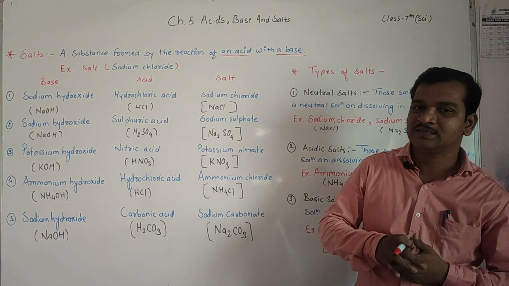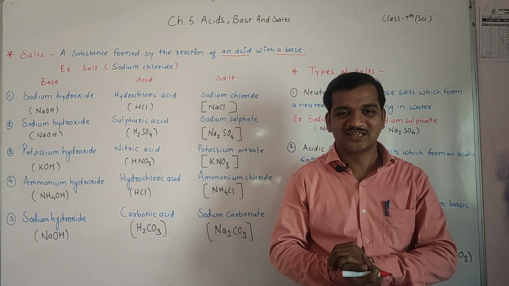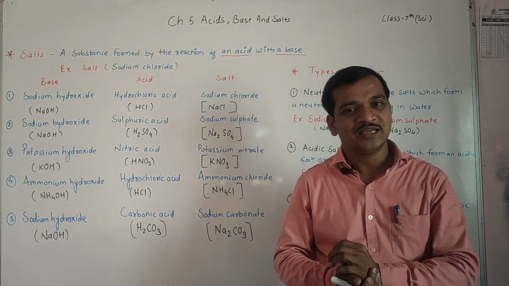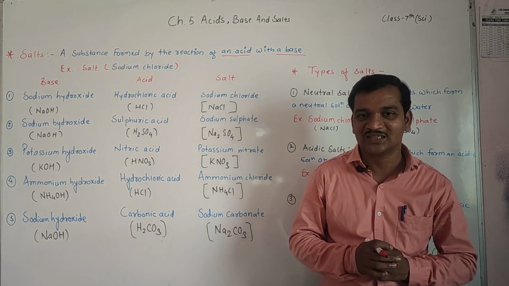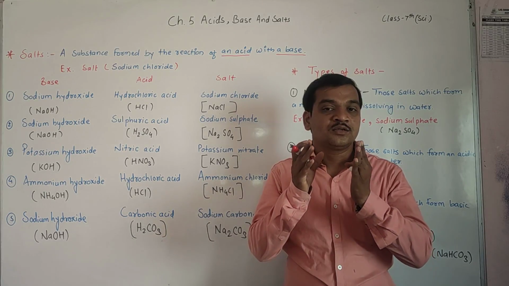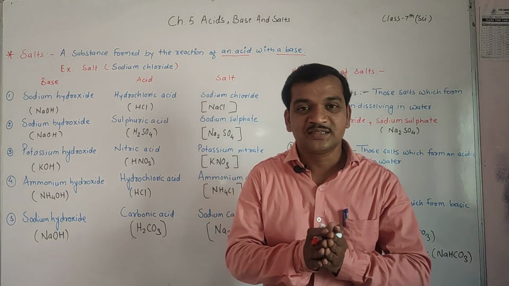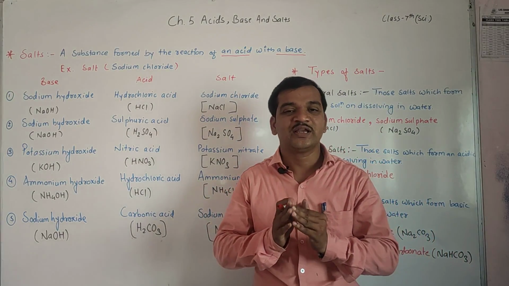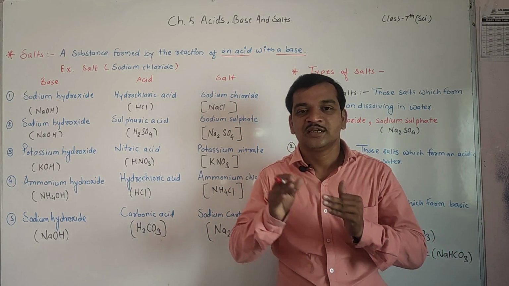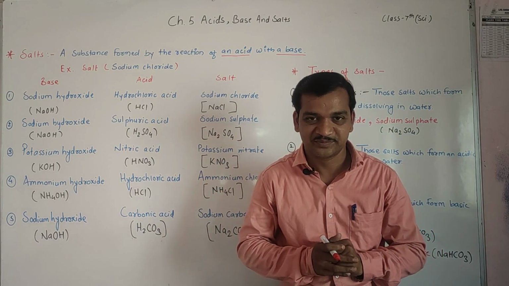One example we have already discussed in the neutralization reaction, students. Do you know the example of a neutralization reaction? Yeah. Sodium hydroxide plus hydrochloric acid gives salt plus water.